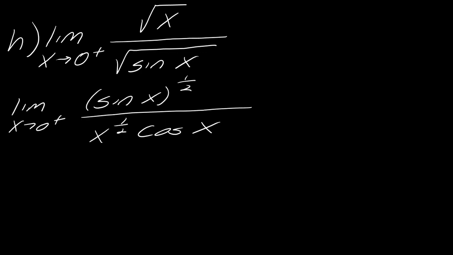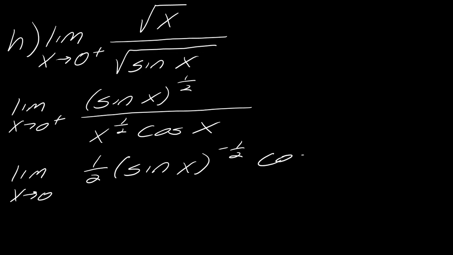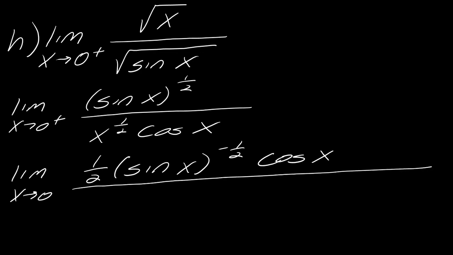And so I still get really 0 over 0 here. So I can use L'Hopital's rule again. So if I take the derivative of the top, this will be 1/2 sine of x to the negative 1/2 times cosine of x. And then in the bottom, now I'm going to use the product rule here.